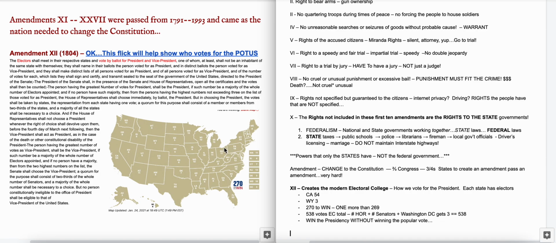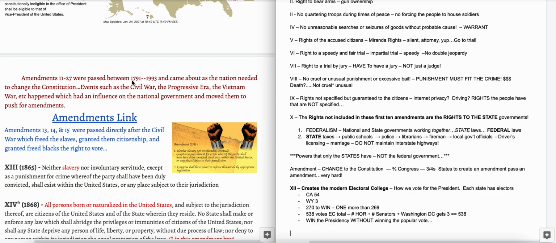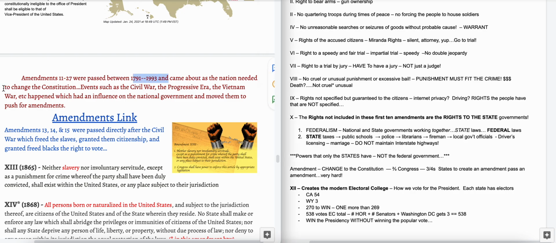Let's keep going on. Amendments 11 through 27 were passed between 1791 and 1993 and came about as the nation needed to change the Constitution. Events such as the Civil War and the Progressive Era, the Vietnam War, these events influenced the national government and changed amendments.